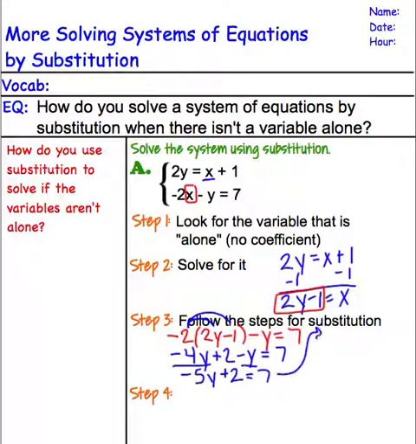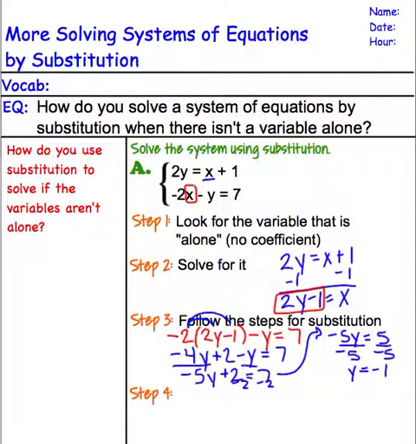And we get that we have negative 5y. We subtract 2 to get negative 5y equals 5. Divided by negative 5, please don't forget your negatives, giving me y is equal to negative 1.